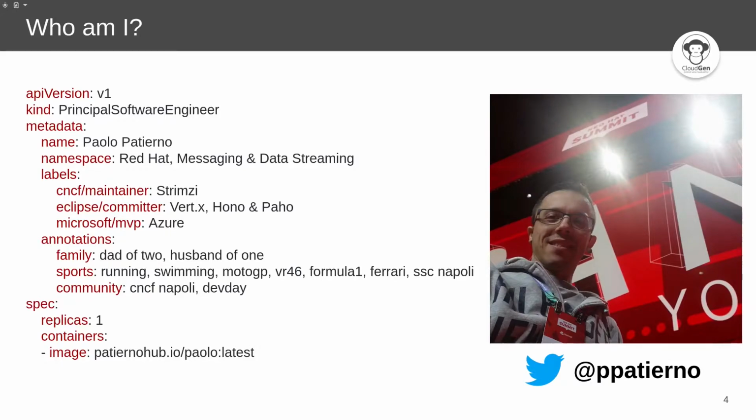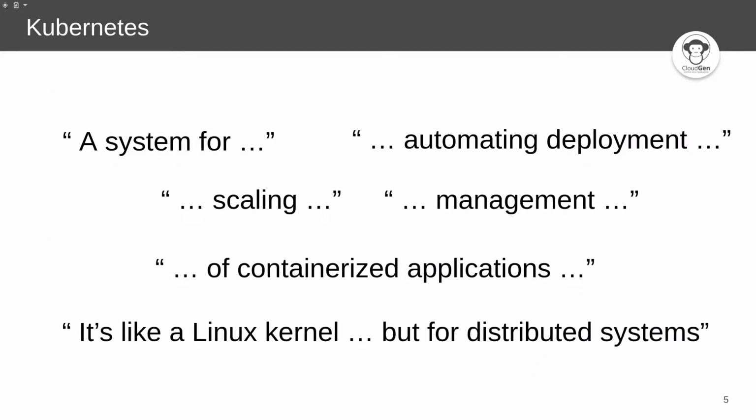So let's move on and talk about Kubernetes, because this session will be focused on Kubernetes and how it works. We can think about Kubernetes as a kind of Linux kernel for distributed systems. You have your cluster, which can be made of bare metal or even virtual machines, and you install your Kubernetes platform on top of it.